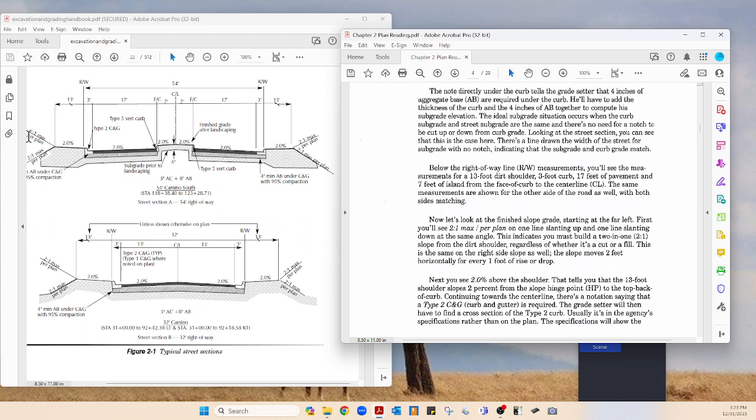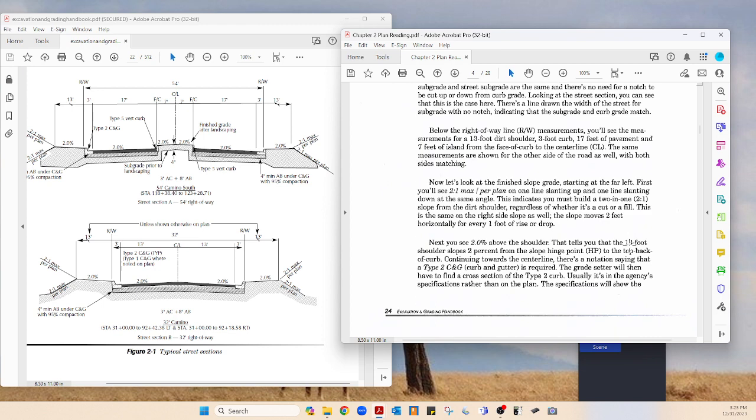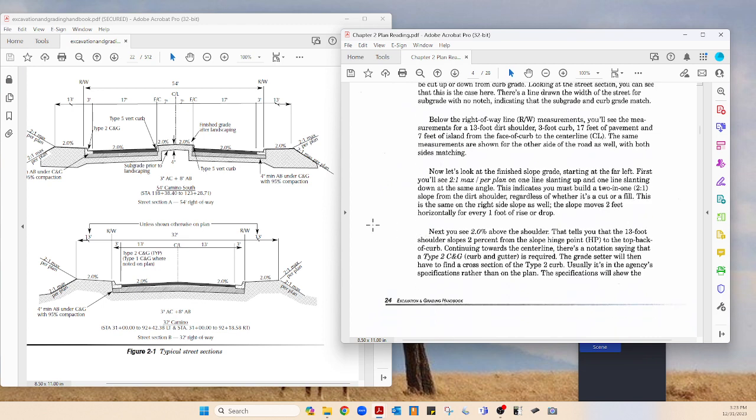You'll have to cut this out, and then you'll have to build this slope. Regardless whether it's a cut or fill, this is the same on the right side slope as well. The slope moves 2 feet horizontally for every 1 foot. That's just reminding us.